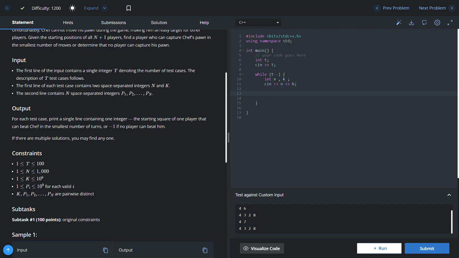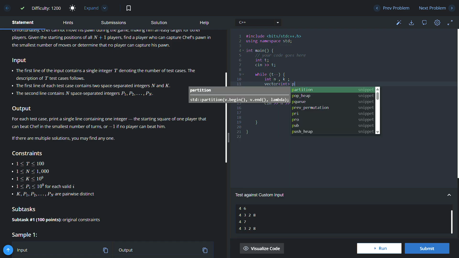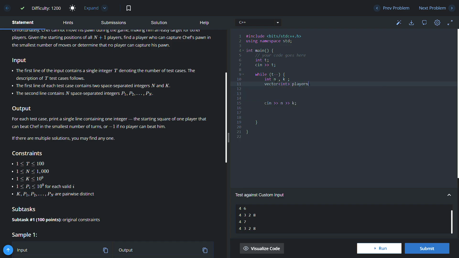Now we can define one vector of int, that is p, that is the players' positions. I think it is a suitable name for that variable. And then after taking input, n has some value and it will generate a vector of that size.